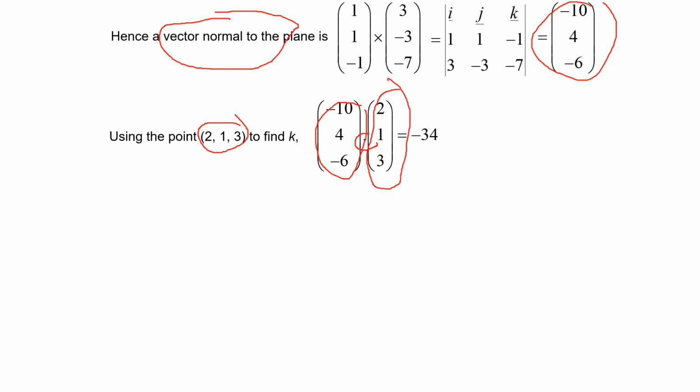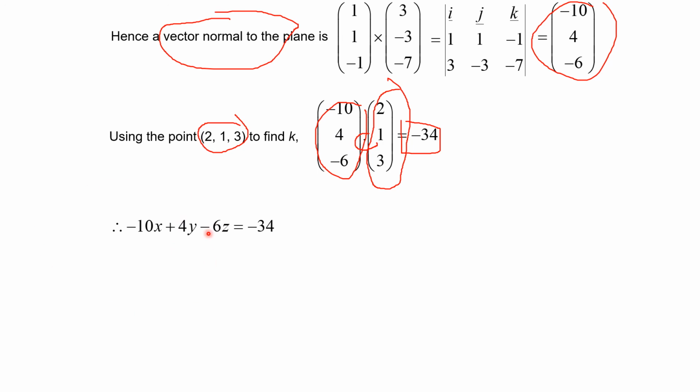plane. Multiply both as a dot product, so the resultant should be a number. So we have got the number. Based on that, we can use the normal vector as the coefficient of x, y, and z. So we can get -10x plus 4y minus 6z equals the dot product, which is -34.